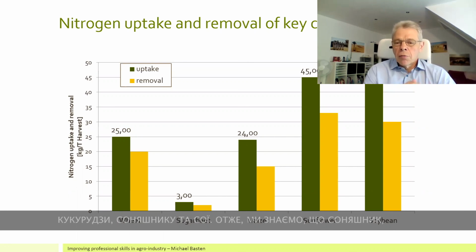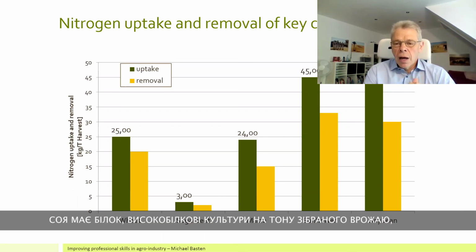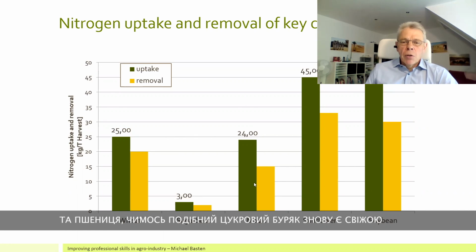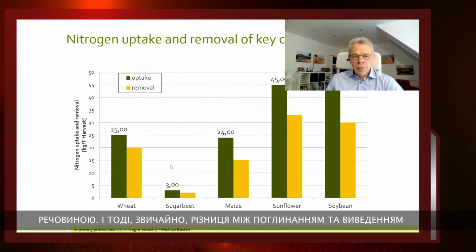So we know sunflower and soybean, as high protein crops, have much higher nitrogen uptake and removal per ton of harvested yield. Maize and wheat are somewhat similar. Sugar beet again is fresh matter.